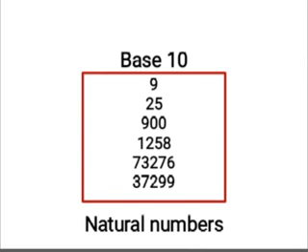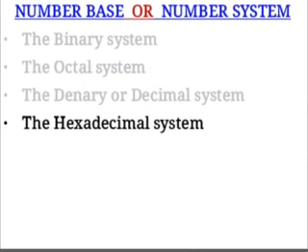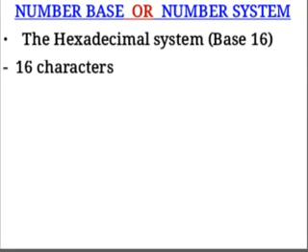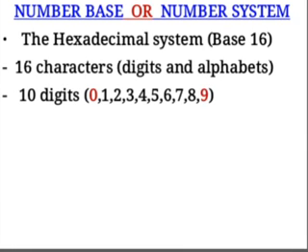Let us now look at another common number base called the hexadecimal system. The hexadecimal system is also known as the base 16 numeral system. It makes use of 16 characters comprising of digits and alphabets. The hexadecimal system uses 10 digits from 0 to 9.